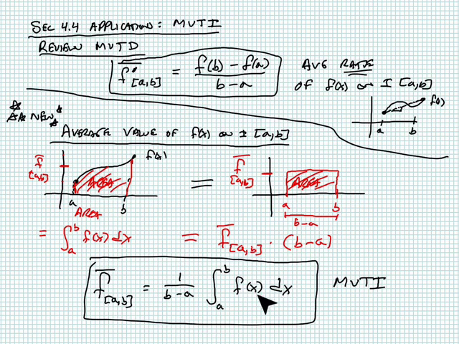It's really important. Also make sure that you know how the units work out, because you're going to have 1 over whatever the units are of b and a, times the units of f of x times the units of dx. And really, another way to look at this for units is that dx, or if this is dt, is going to have the same units as b minus a. So the units of this piece are always going to cancel out with the units of this piece.